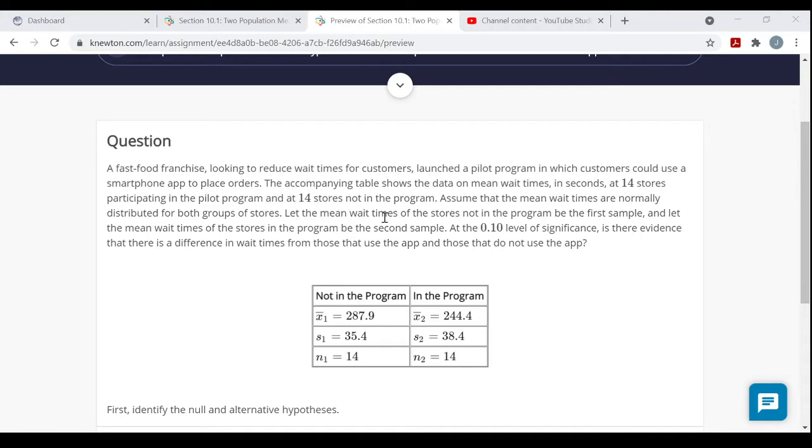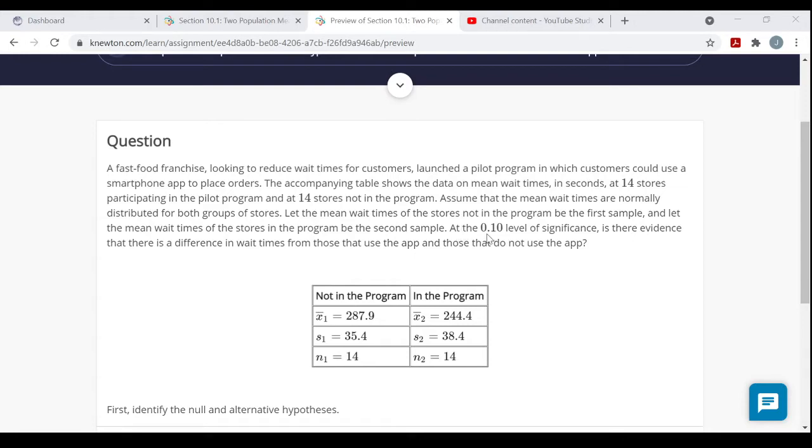So let the mean wait times of the stores not in the program be the first sample, with all the subscripts of 1 that you're seeing here. And let the mean wait times of the stores in the program be the second sample, so with all the subscripts of 2.